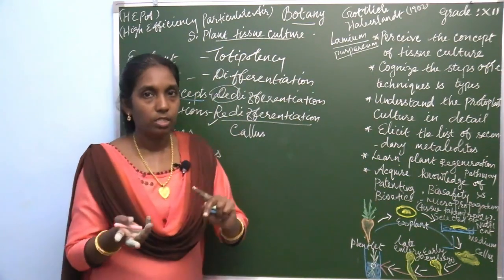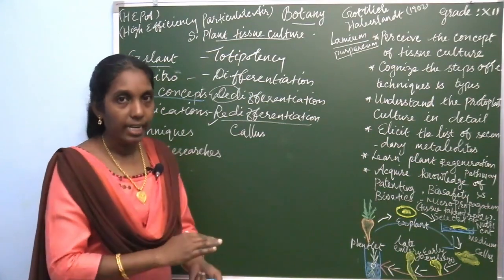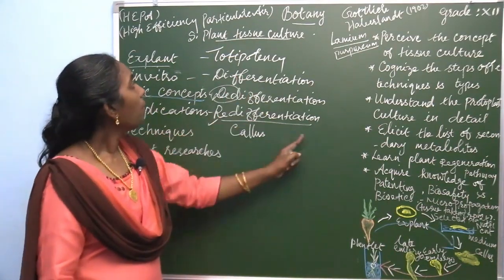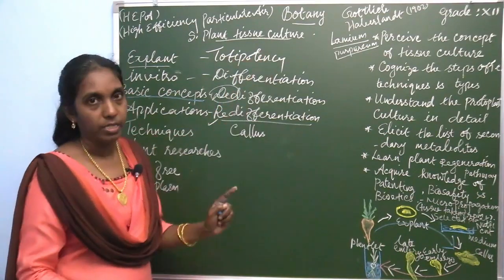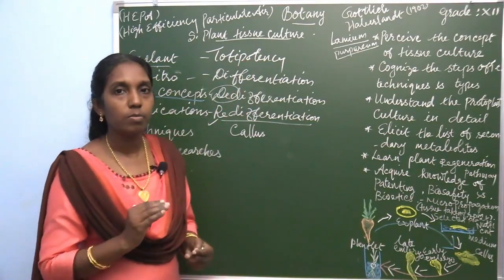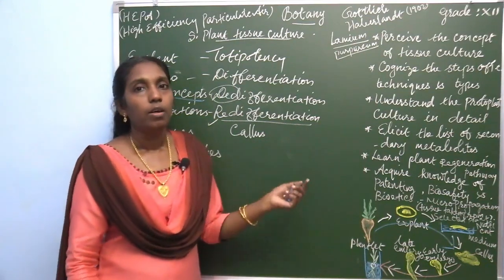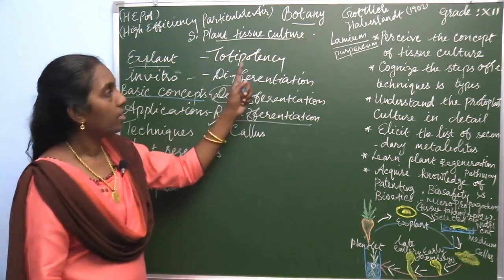So don't confuse these: re-differentiation, de-differentiation and differentiation. These are the basic concepts. So the first question is basic concepts of plant tissue culture and protoplast culture.